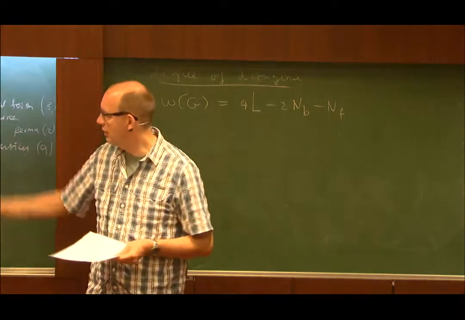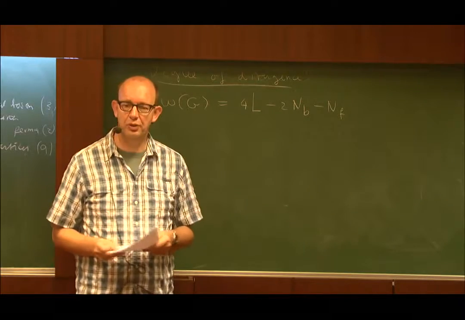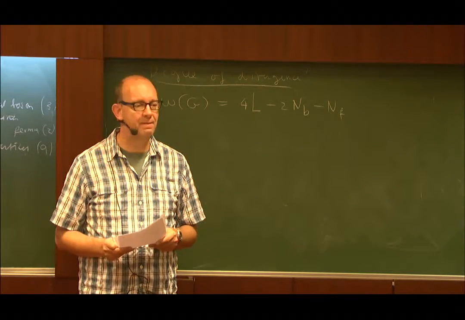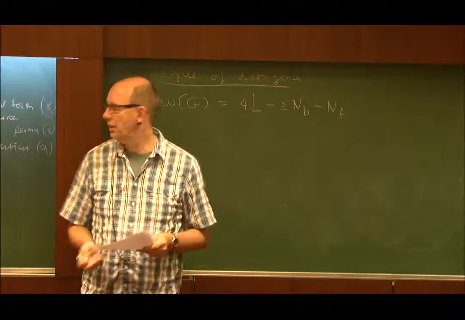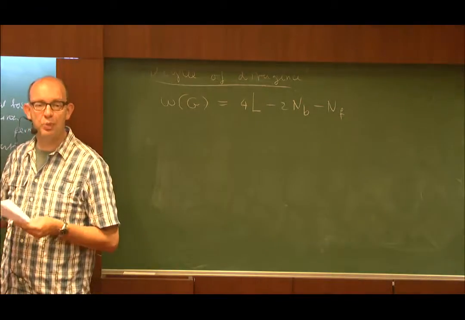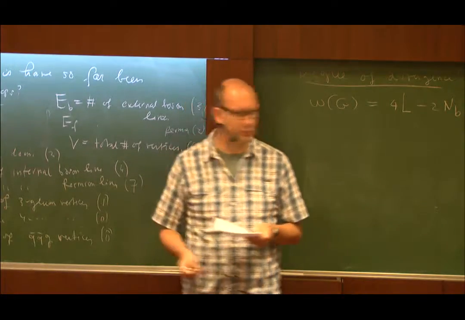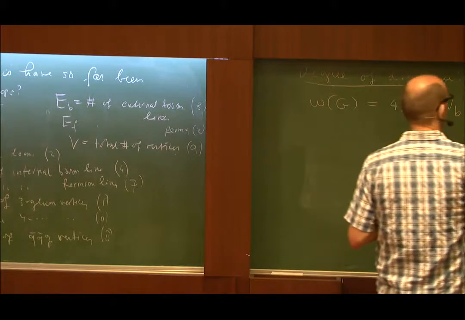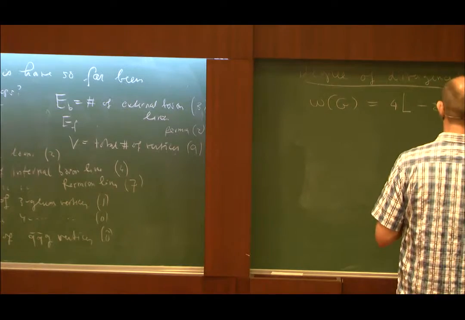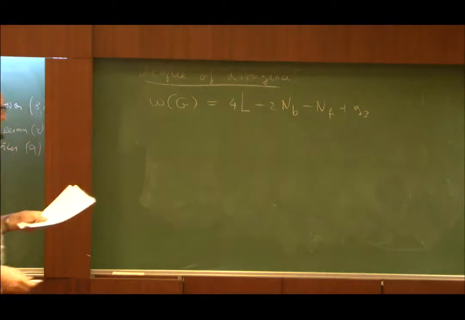Among these symbols, is there anything else that contributes to the degree of divergence? The 3 gluon vertices, because they have 1 power of momentum in them. Right? The 4 gluon vertex is not. So it's just plus G3. So that's the start. That doesn't tell you much yet.